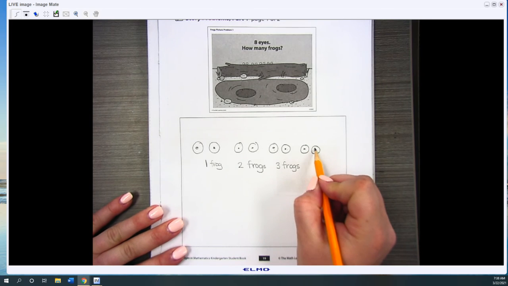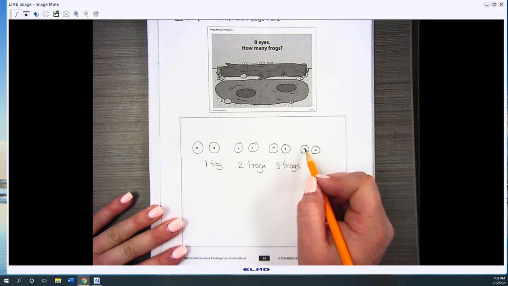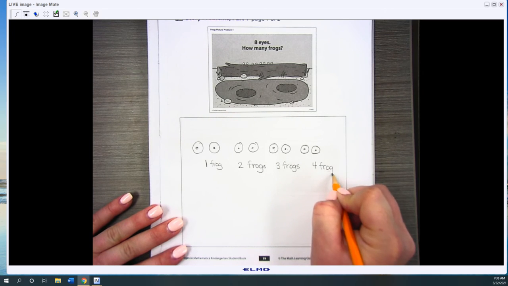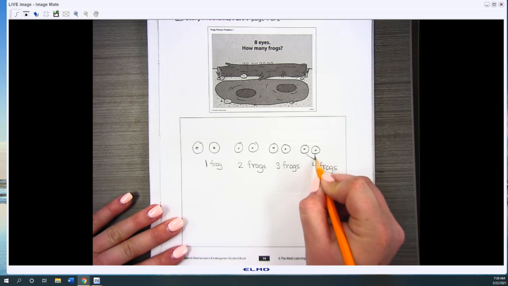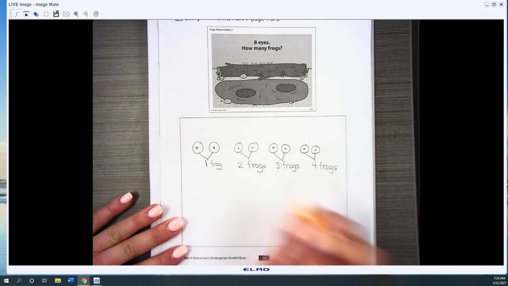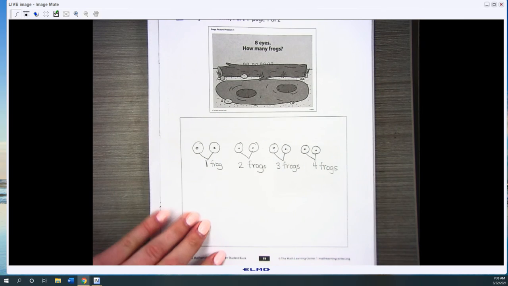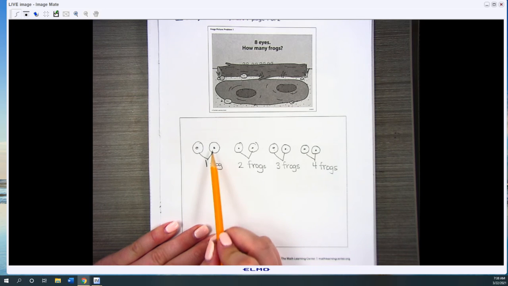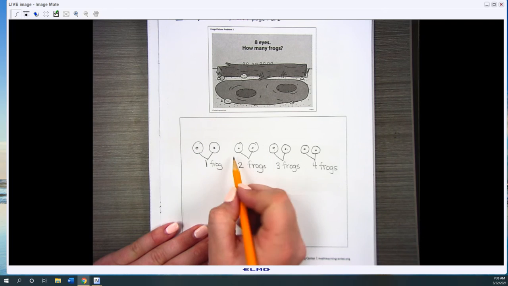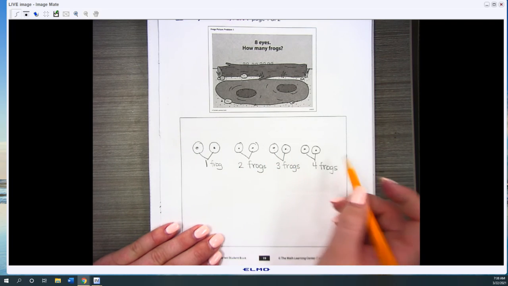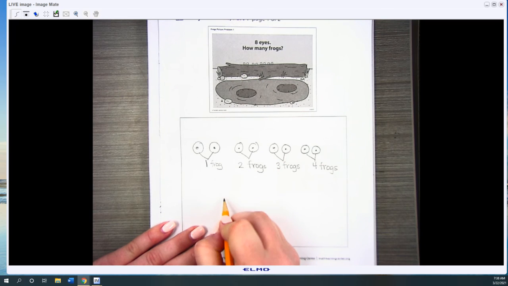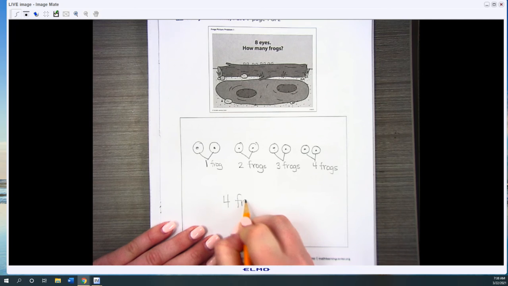And these 2 eyes belong to another frog. So then now I have 4 frogs. Okay, so now I know I have 1 frog, 2 frogs, 3 frogs, and 4 frogs. So I know that there are 4 frogs.